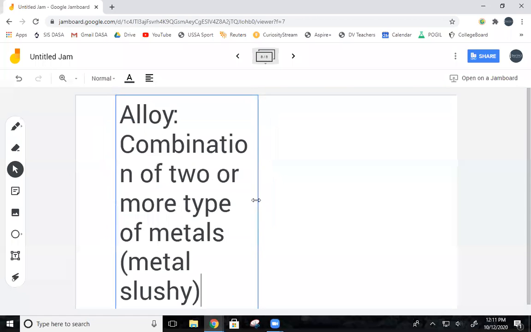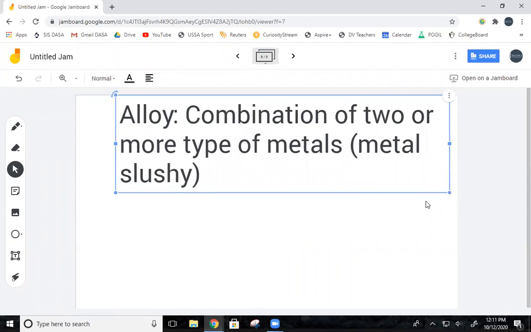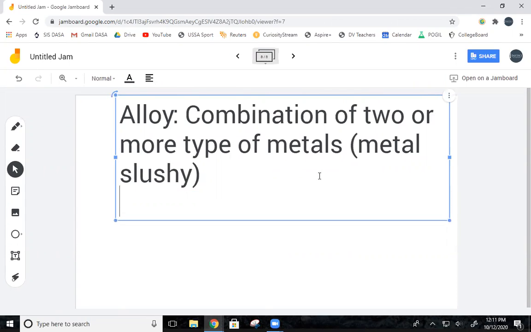Okay. And it's not that hard to separate them either. You can bind one to another, and you can have it float to the surface as slag. Yes.